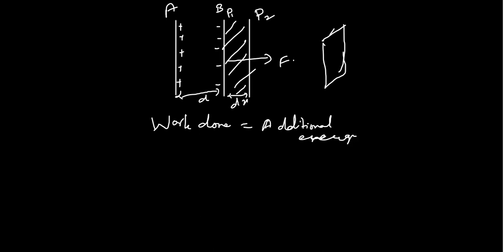How much work is done? The force is applied on B to move from P1 to P2, so that is given by F into dx, force into displacement. That is equal to the additional energy, that is the energy density into volume.